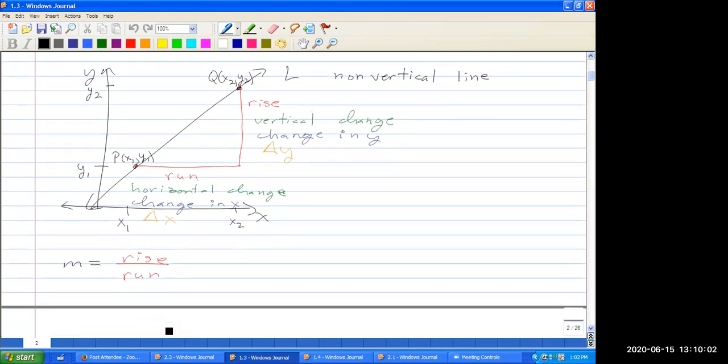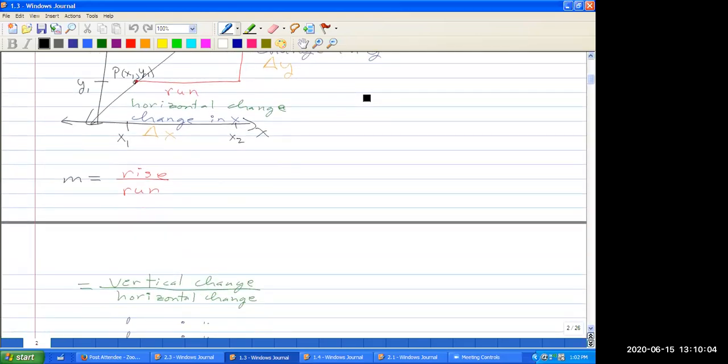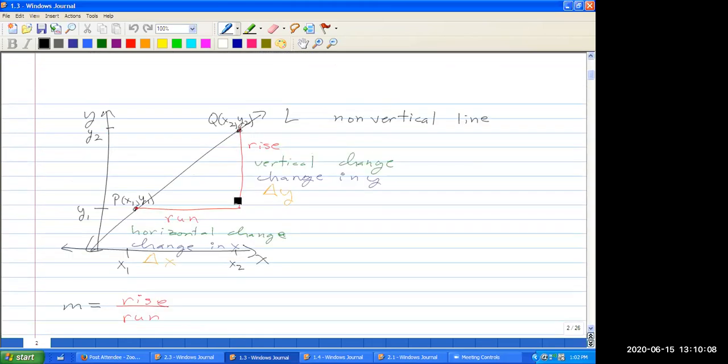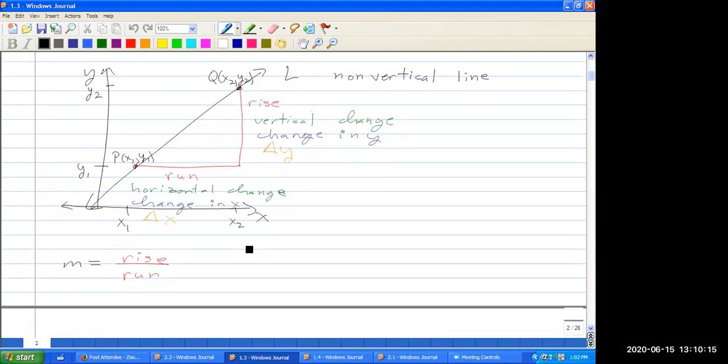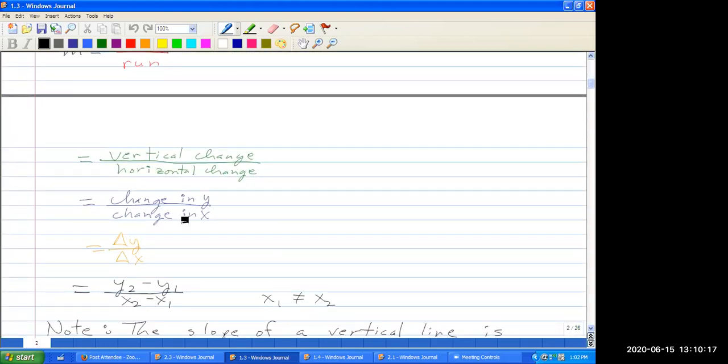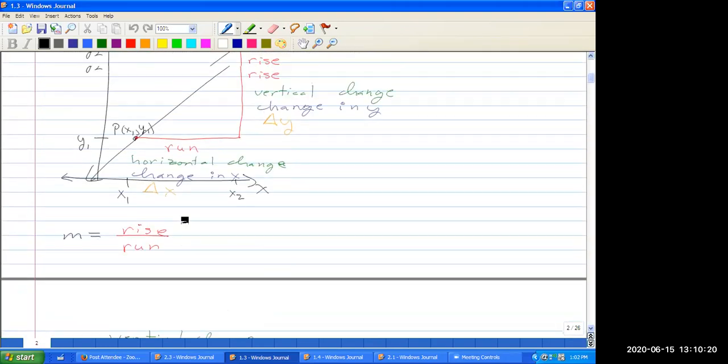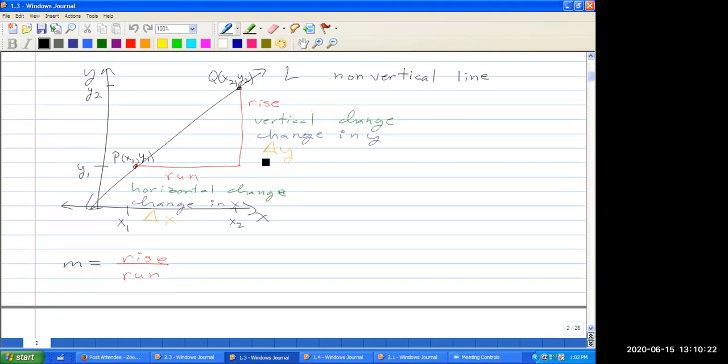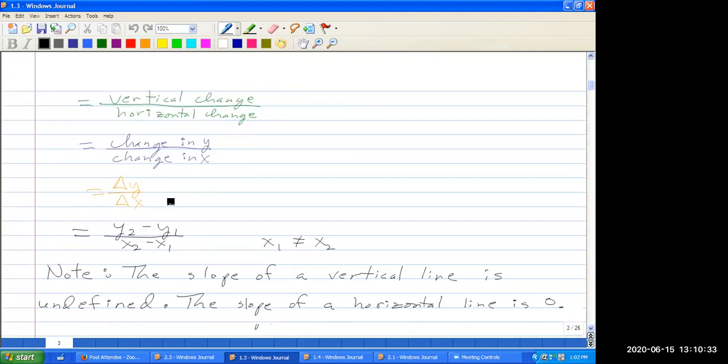It is the vertical change over the horizontal change. It's the change in y over the change in x. The change in y we call delta y, over the change in x, which we call delta x.